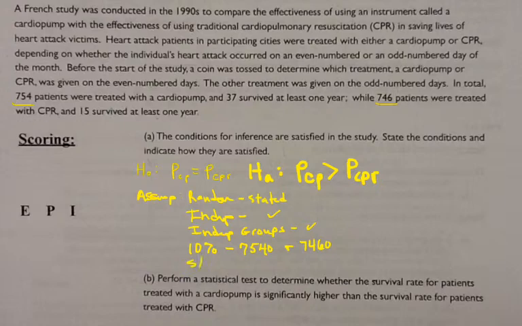And then you have the success and failure for both groups. And here we have, let's see, 37 successes and a whole lot of failures. That stinks. And then the other one you had 15. I haven't calculated that. What's the, let's see.